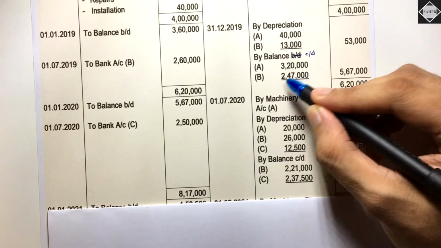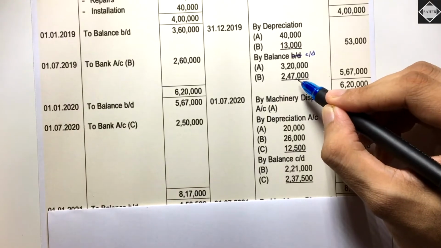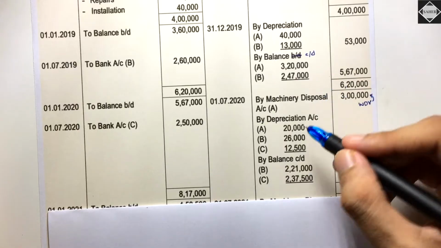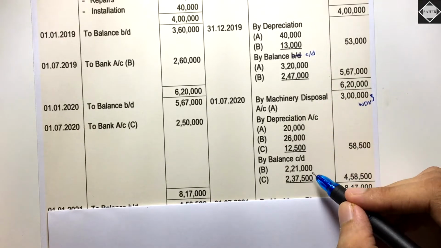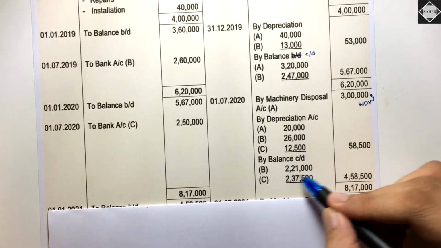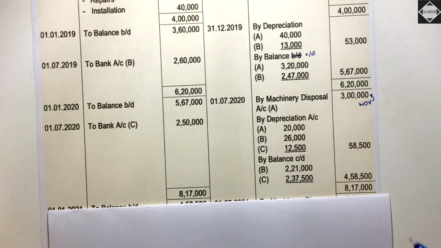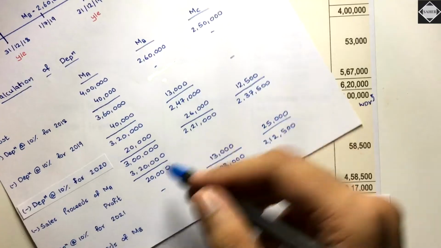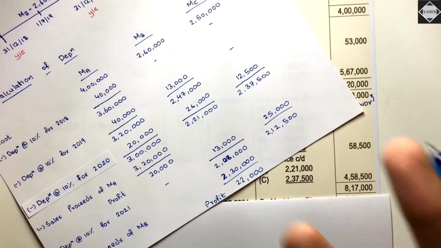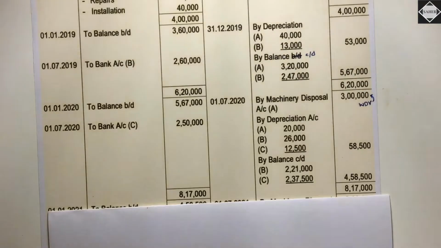Opening balance of machine B is 2,47,000. So 2,47,000 minus 26,000 is equal to 2,21,000, the closing balance of machine B. But why are we looking in the ledger account? Just do it directly, because you have done the working note now. So just use the working note properly.